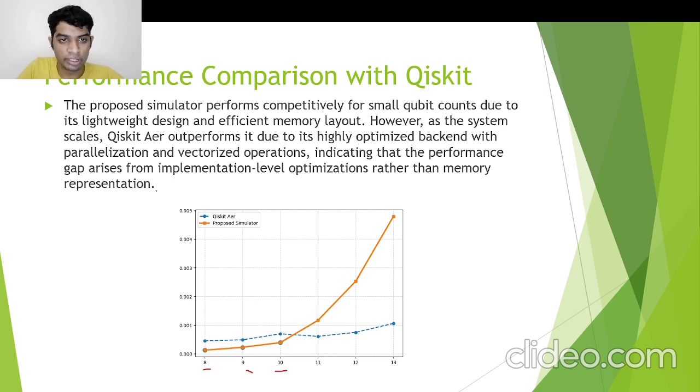However, as the system scales, that is, as the number of qubits increases, Qiskit outperforms it due to its highly optimized backend with parallelization and vectorized operations, indicating that the performance gap arises from implementation level rather than memory representation. That is, the implementation of Qiskit is done in a much more optimized way than my present working simulator, and I hope to improve my simulator to the level of Qiskit through my future work.